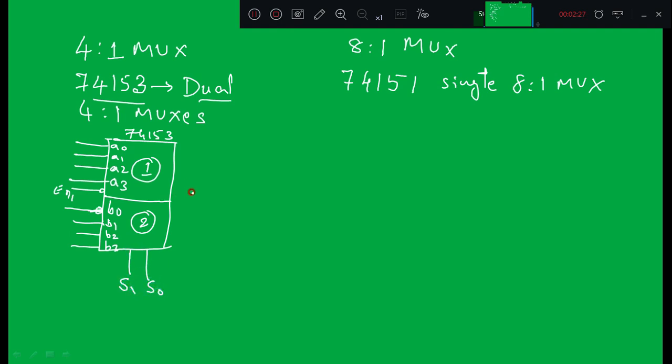Please note that select lines for both the muxes are common, and the outputs are different. This is F1, this is F2. F1 is the output of the first 4:1 mux, F2 is the output of the second 4:1 mux. Select lines are common, but the active low enable lines are different.